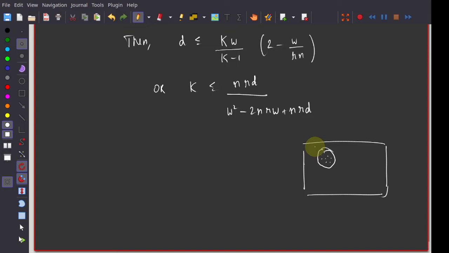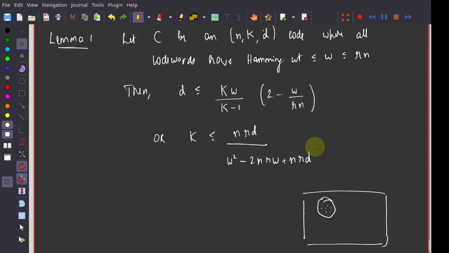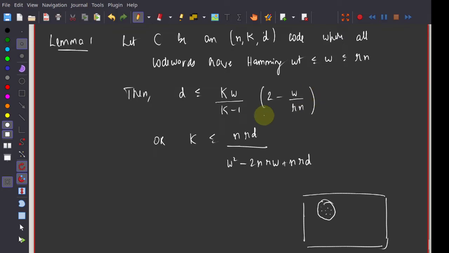This forms a subcode. For this subcode, I'll derive a weight constrained version of the Plotkin bound. That will tell me that if the number of code words is more than a certain amount, then the minimum distance can't be any larger than this quantity. So this is for one subcode.